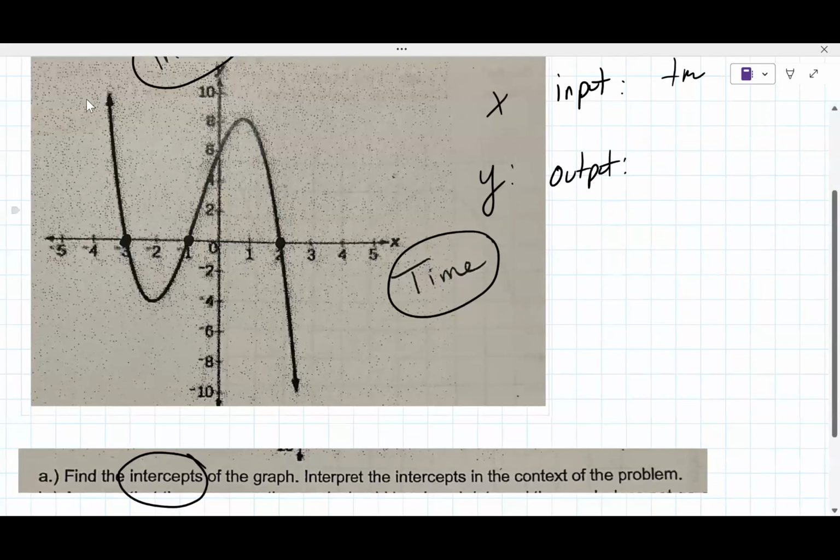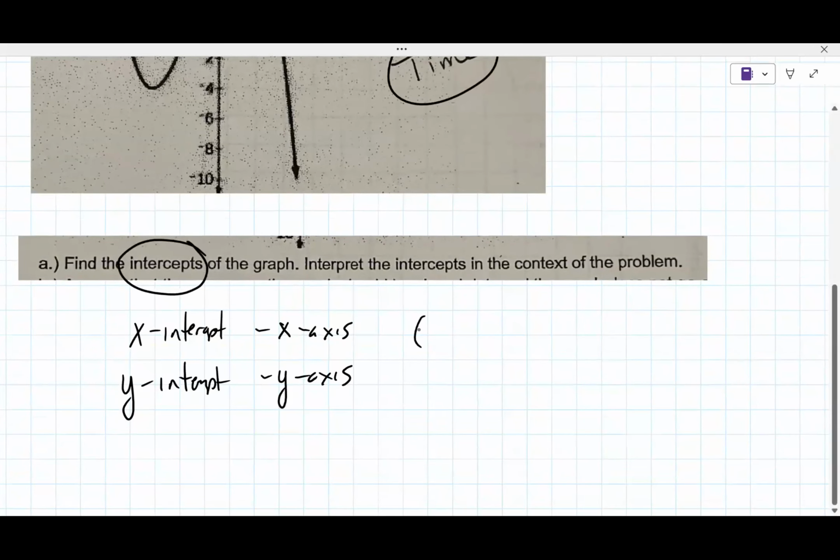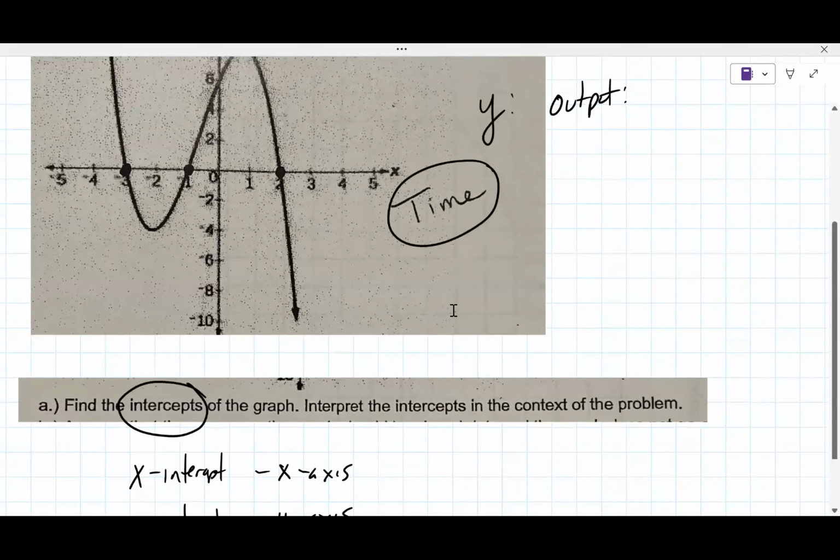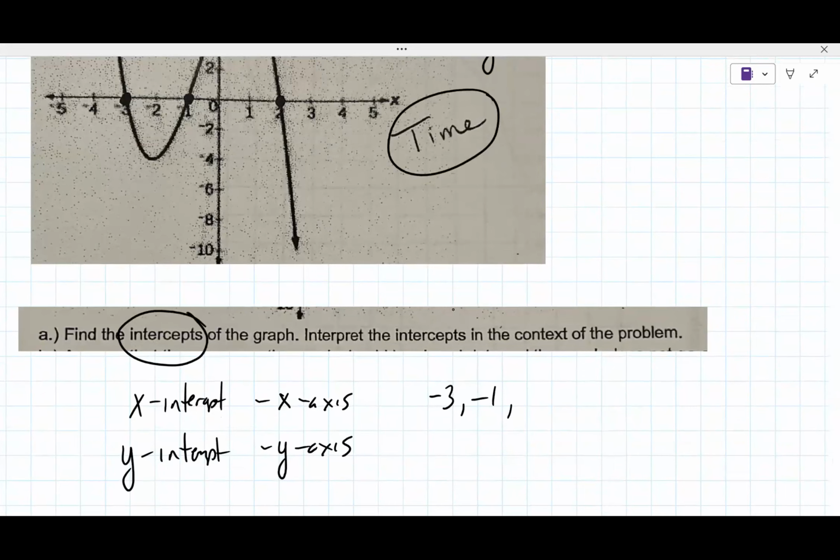That's two. 2, 0, -1, 0, and -3, 0. All right, so there's three x-intercepts, like you just said. We can say that they are at -3, -1 and 2.